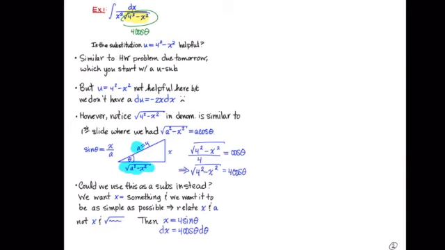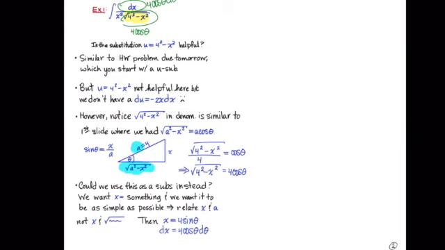In place of the dx in the numerator, we can substitute in 4 cosine theta d theta. And I'm going to highlight these so you can see that even though we're putting a cosine in the numerator and in the denominator, they're different cosines.